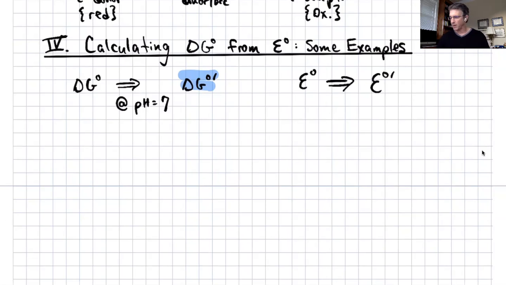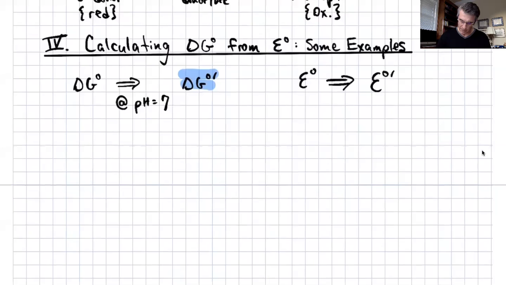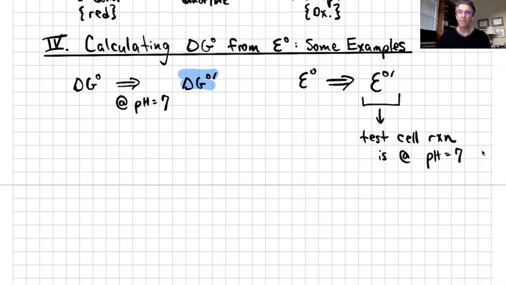But the thing to remember here is that the measurement of these standard reduction potentials at pH 7, what's at pH 7 is what's in the test cell, right? So the test cell reaction is at pH 7, right? But what's not at pH 7 is the standard hydrogen ion electrode, right?